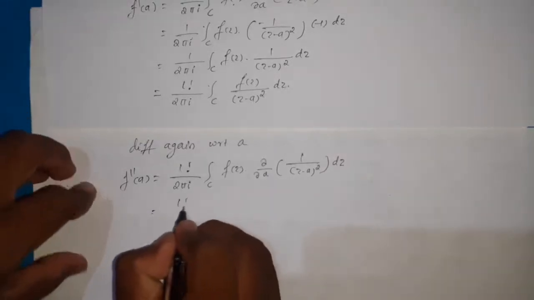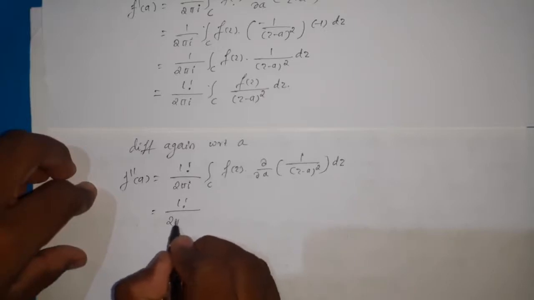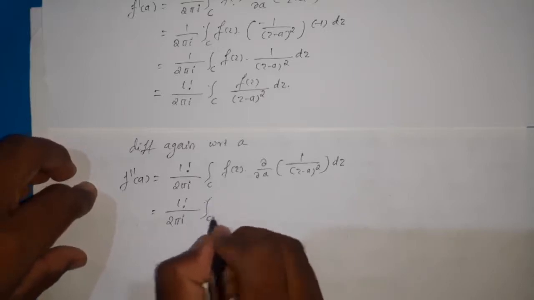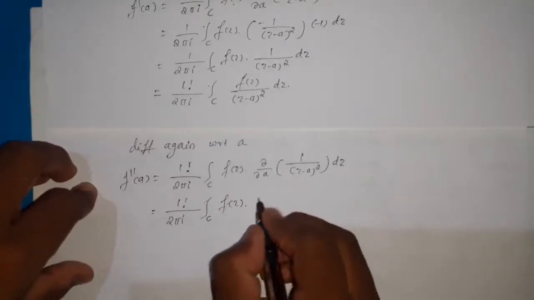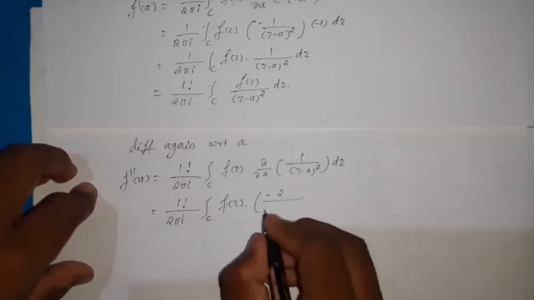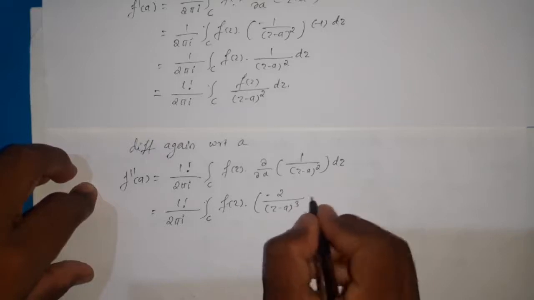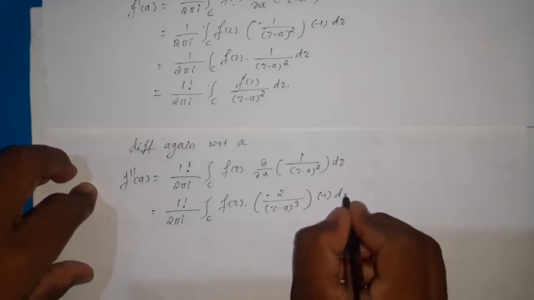Then it is equal to 1 factorial divided by 2 pi i integration over C f of z. So here its derivative is minus 2 divided by (z minus a) whole cube into minus 1 dz.